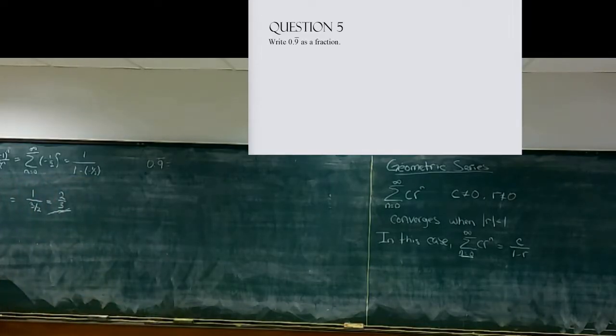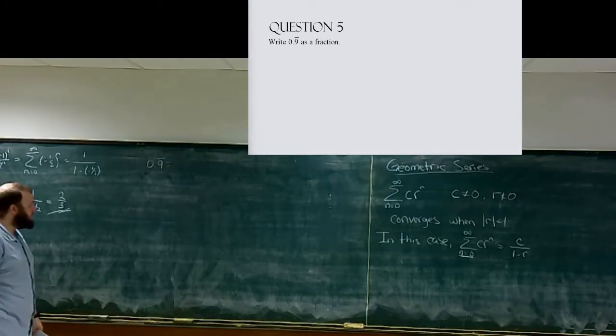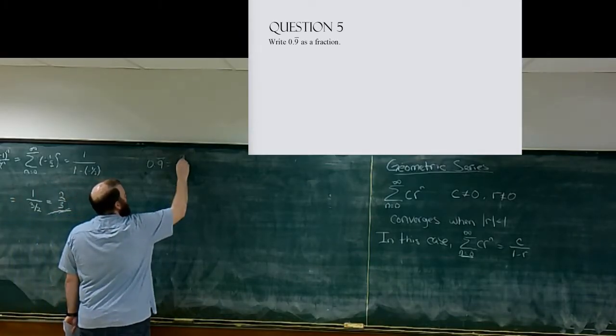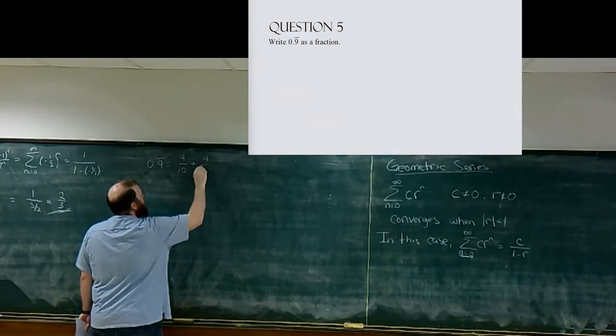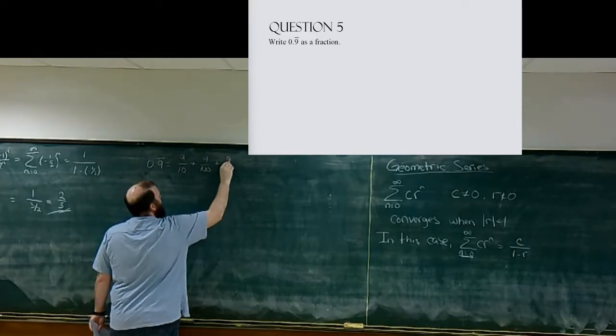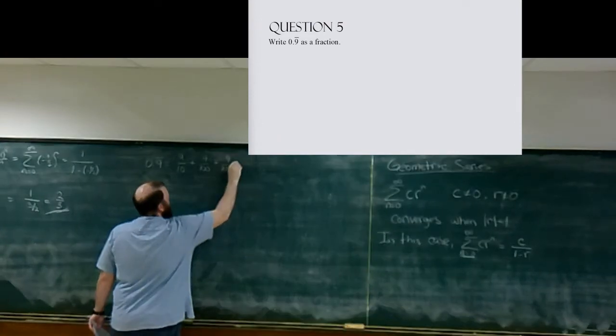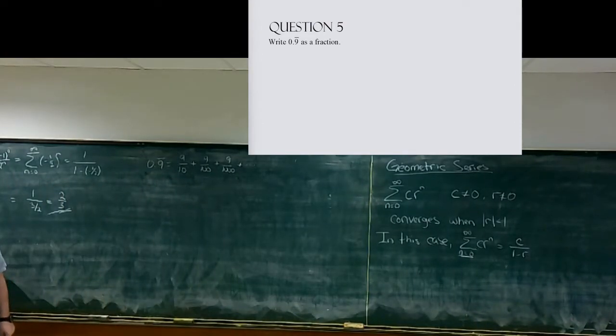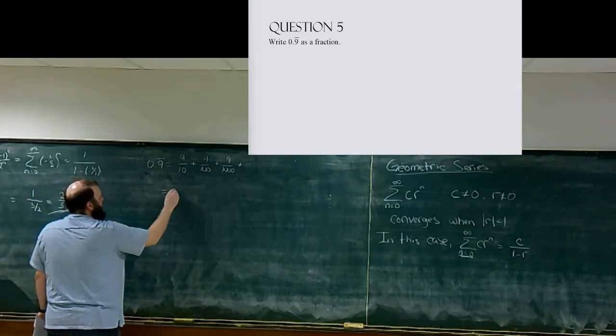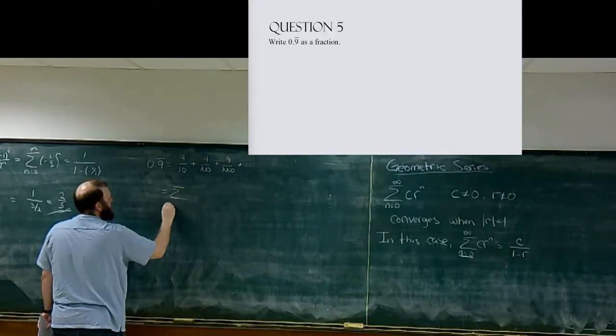Well, if you look at 0.9 repeating, it would be 9/10, right? Plus 9 over 100 plus 9 over 1,000, so on and so forth. Write that in summation notation.